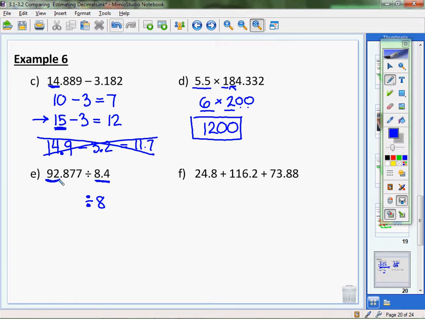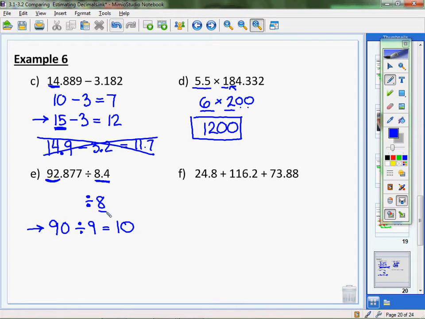So if you say, I'm not sure what to go with, maybe you can look at this number first and say, you know what, that would round to 90. And I know what 90 divided by 9 is, and 9 is very close to 8. So that would be an okay estimate. 90 divided by 9 is 10. That one I think you would find to be pretty easy to do in your head.